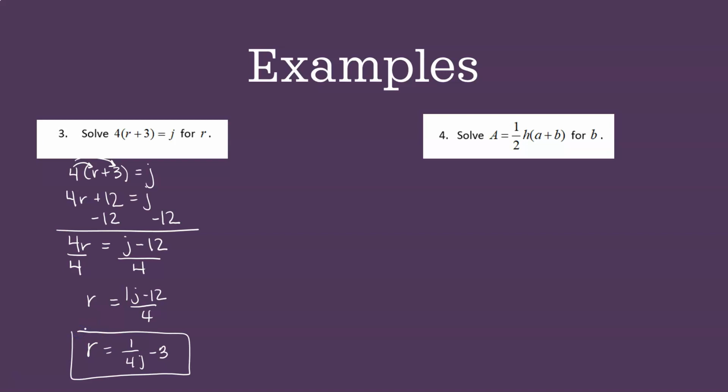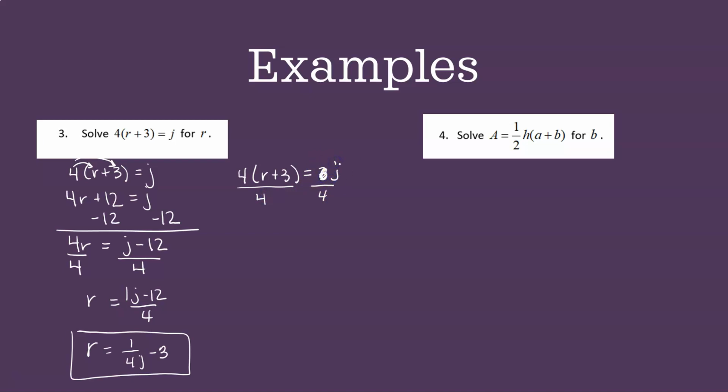All right, so here's another way to go at this. Let's rewrite it and try a different way. Okay, so if I don't want to distribute, I can just undo that multiplying by 4. Sorry, this is j, not a 3.